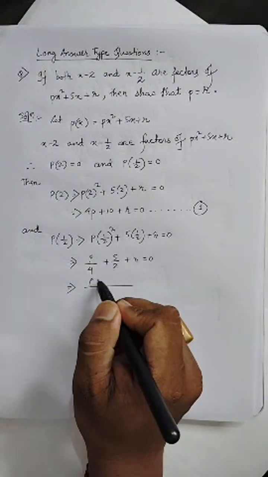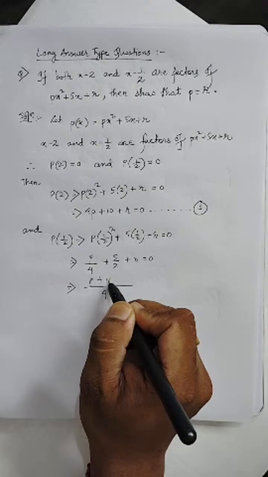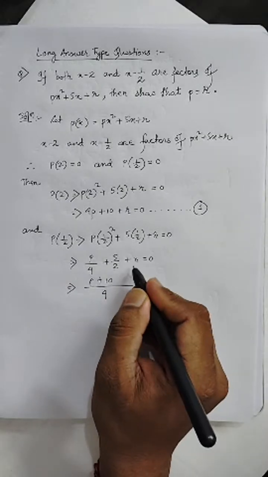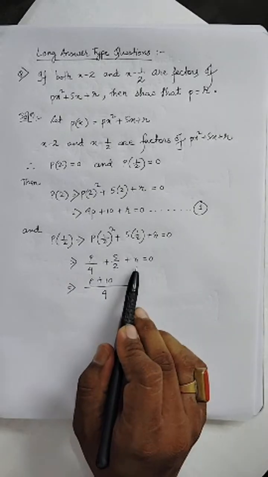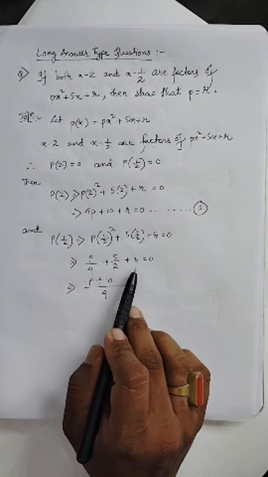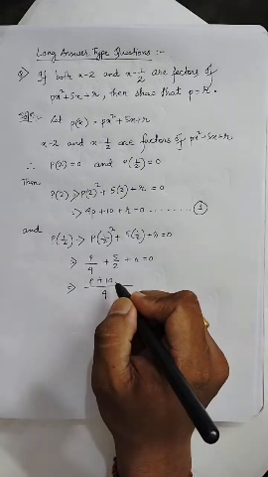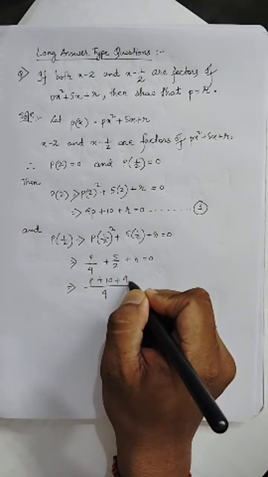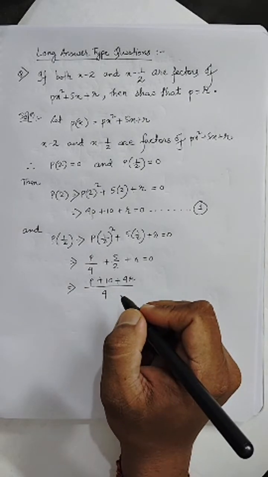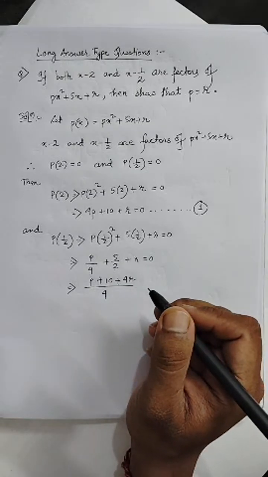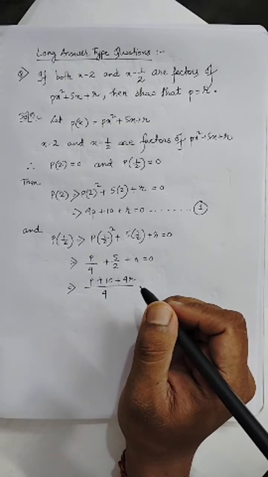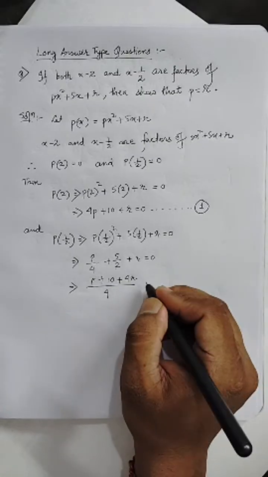Multiply 5 with 2, so this will be 10. And the denominator of r we'll assume to be 1. So 1 into 4 is 4. So we'll multiply r with 4. So this will be 4r equals to 0.